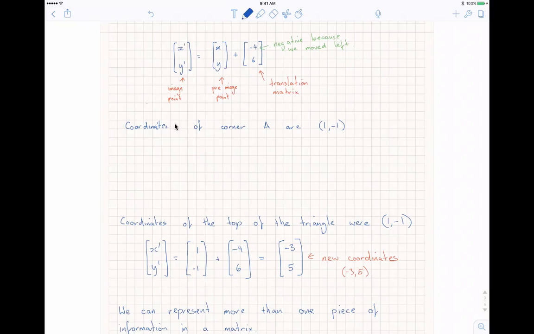Under that translation, our new coordinates x dashed, y dashed become our original coordinates x, y, which are 1, minus 1, plus the translation matrix.